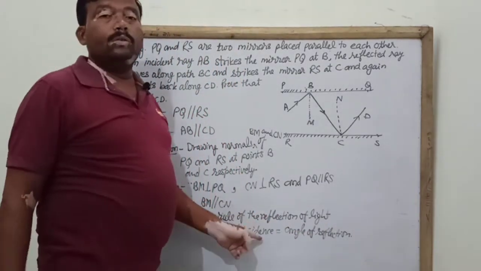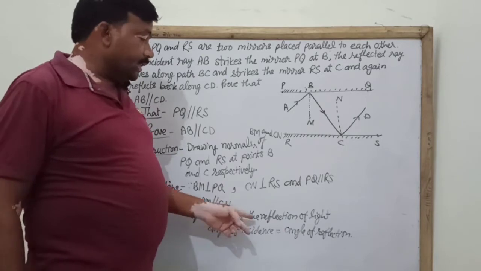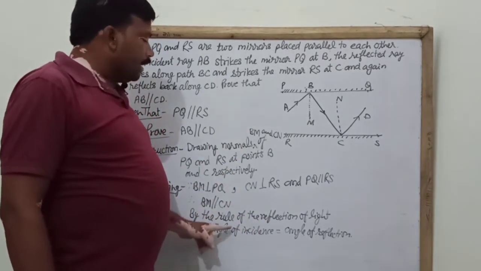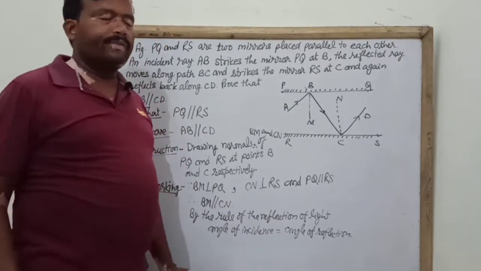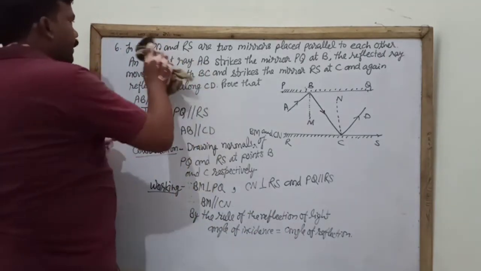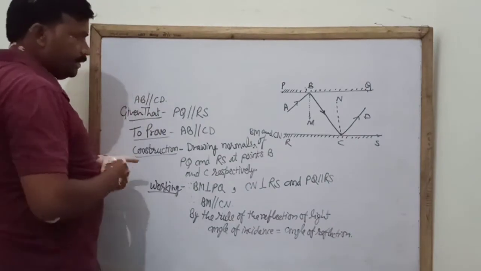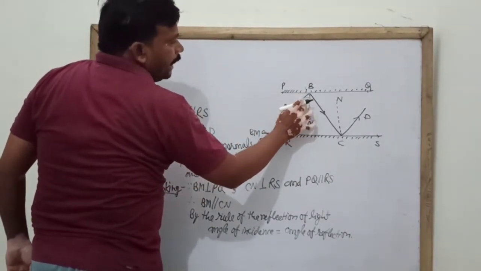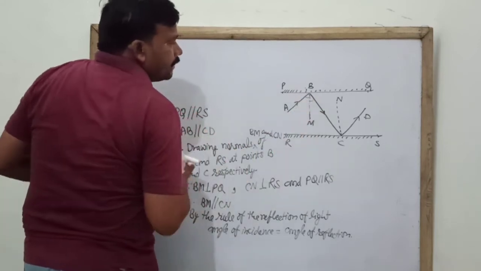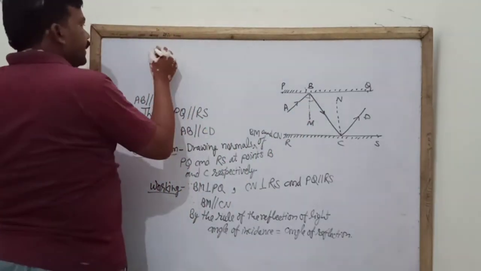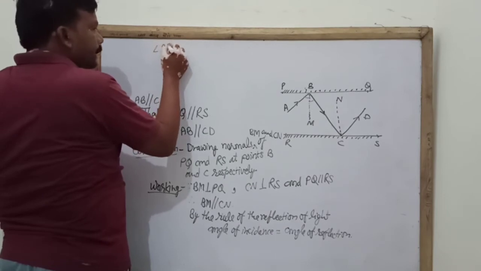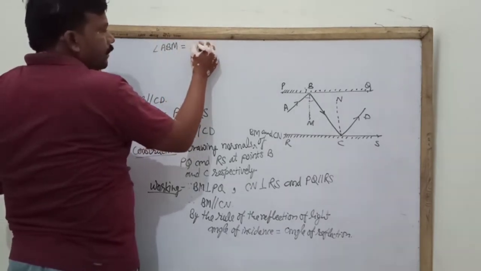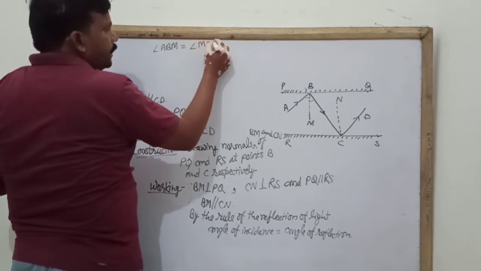This is the rule for reflection of light. So seeing here that this angle is angle of incidence and this angle is angle of reflection, we can write here angle ABM equal angle MBC.